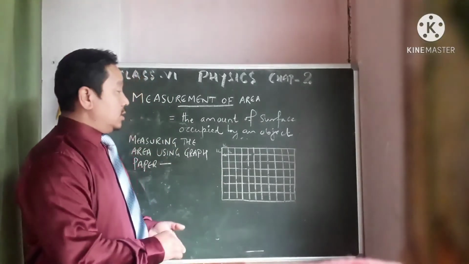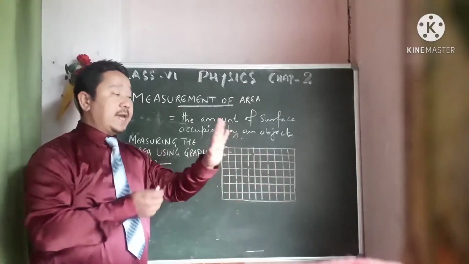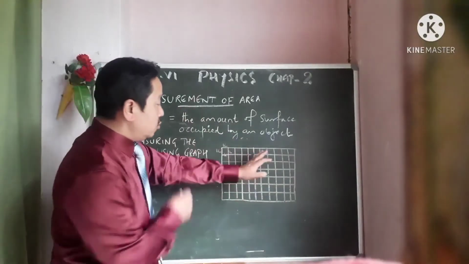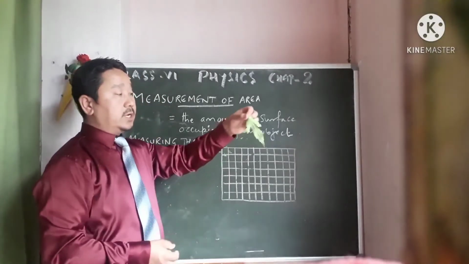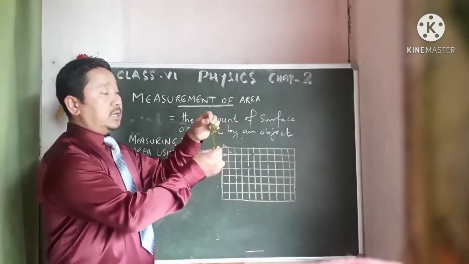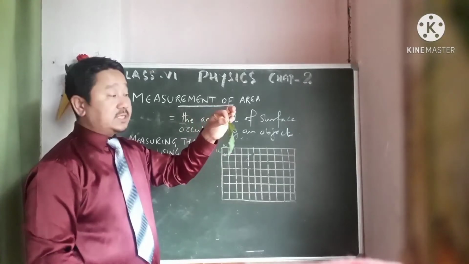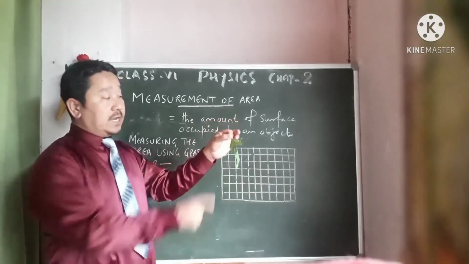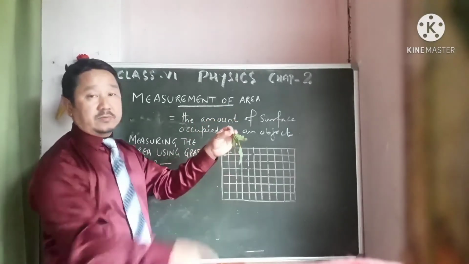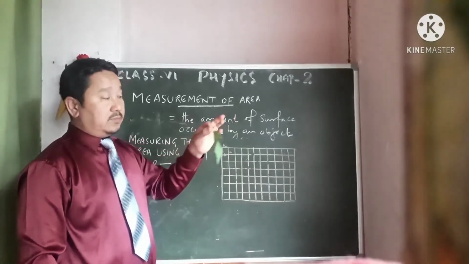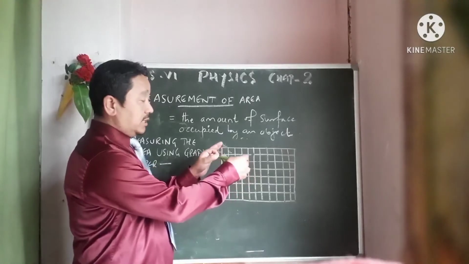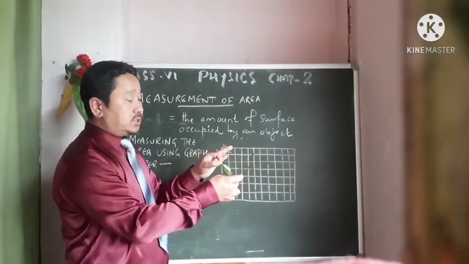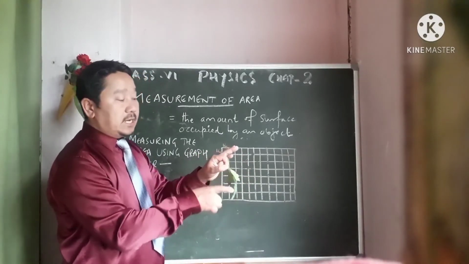So now, suppose you are going to measure the area of your hand. Or anything like paper, or see your leaf, this kind of leaf, which is having an irregular shape here. You cannot take the length or breadth of this leaf. So there you can use graph paper in measuring the area of this object.